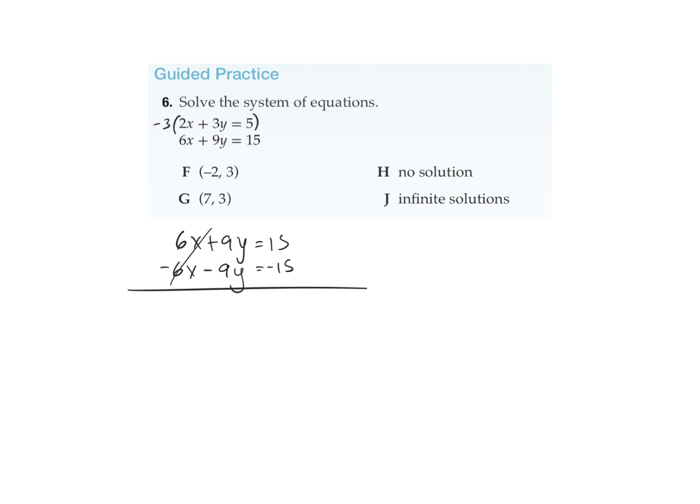When we add them, the 6x and the negative 6x cancel out. The positive 9y and negative 9y cancel out, so we get 0 equals 0, and then 15 minus 15 is 0. This is kind of like the example I was mentioning before when a number equals itself. 0 equals itself. So this will be considered infinitely many solutions.